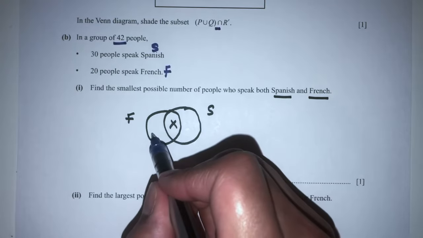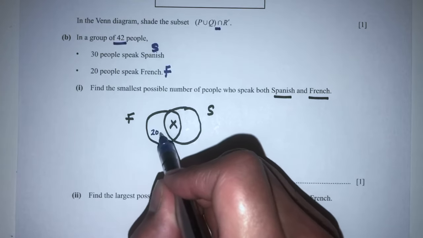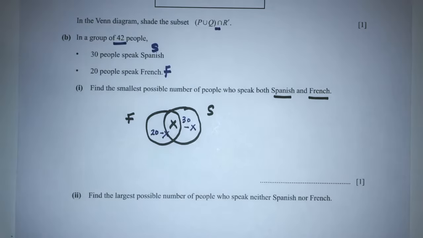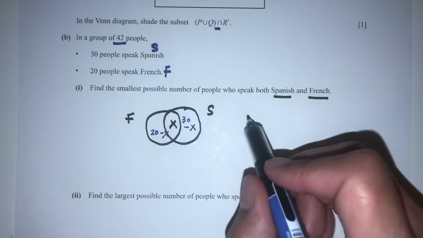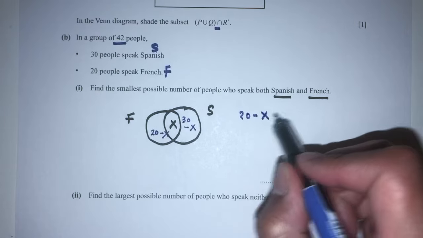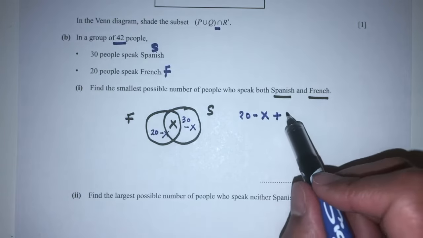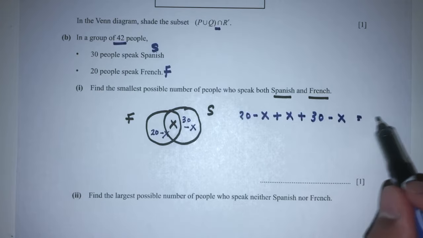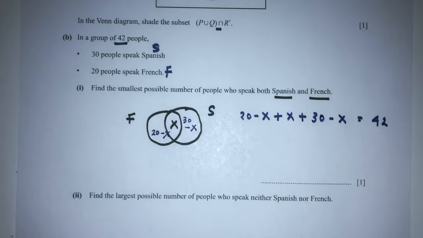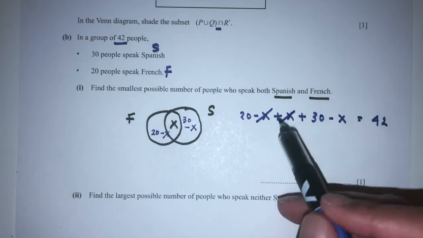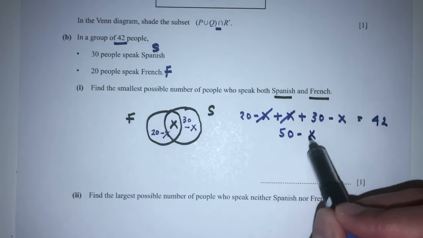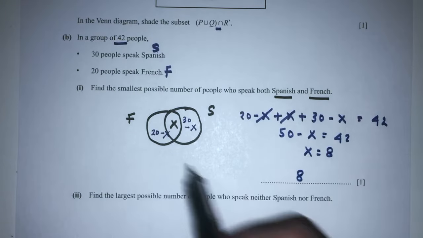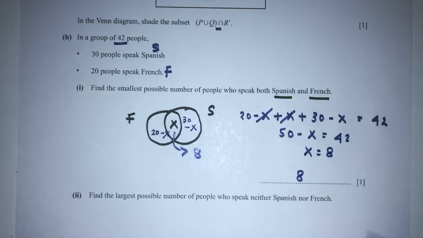French is 20, so 20 minus X. Spanish is 30 minus X. That will be 20 minus X plus X plus 30 minus X, and it has to be 42. Simplify, these two cancel out, that will be 50 minus X equals 42, so X will be 8. So 8 people here will speak both languages.